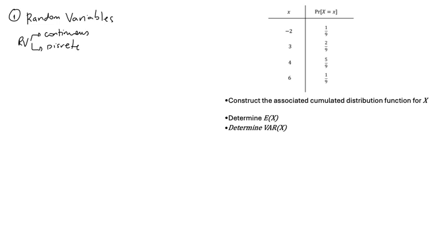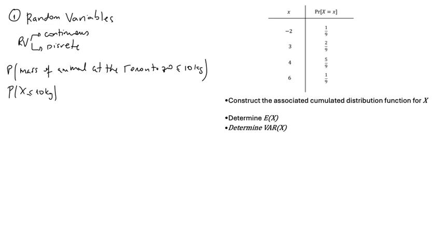So now you will do just P of X less than 10, okay? Where X is the mass of the animal. All right, so all the laws of probability hold, right? So the probability of a sample space is equal to 1. This holds as well. Everything's the same.